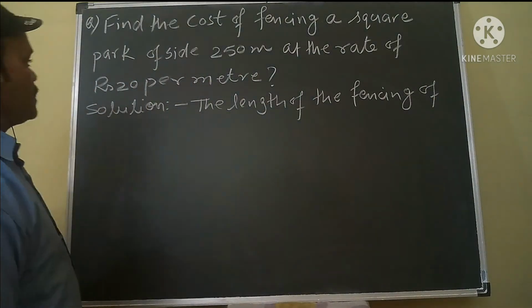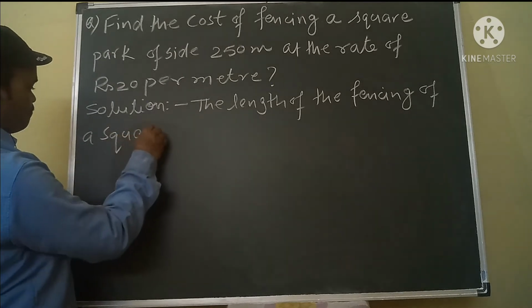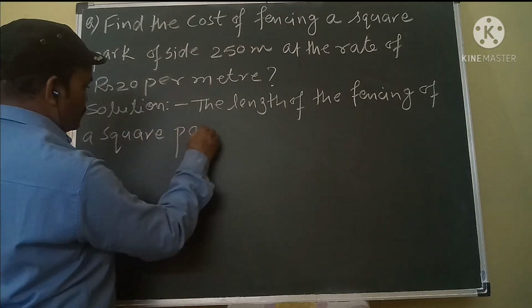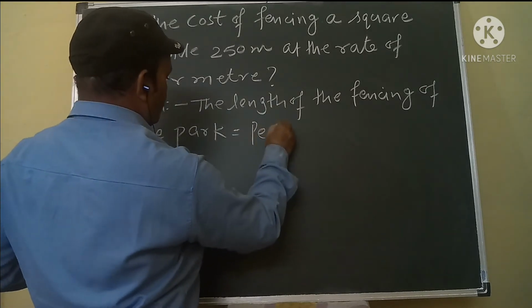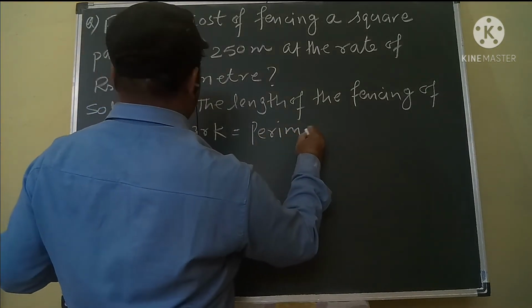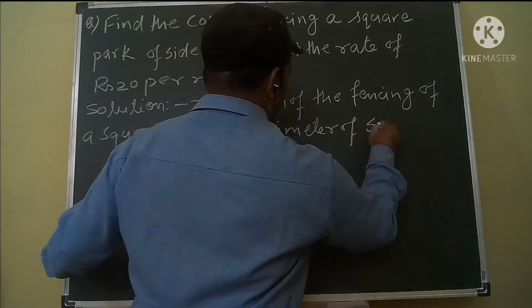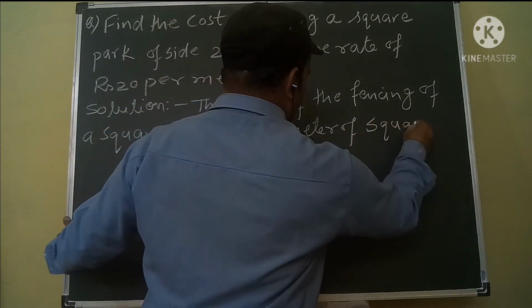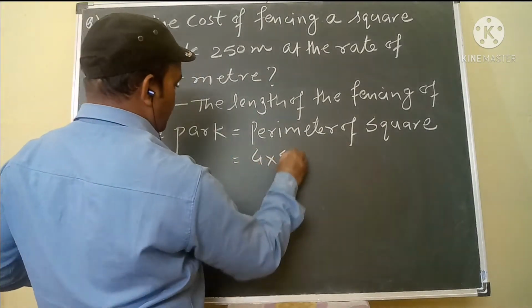The length of the fencing of a square park is equal to perimeter of square. Perimeter of square is equal to 4 into side.